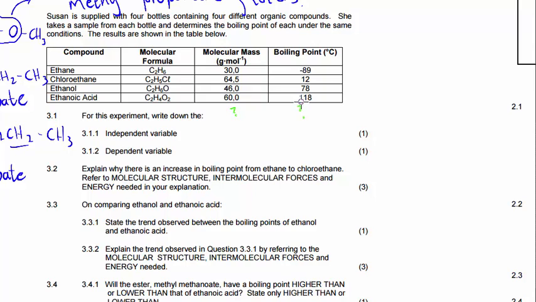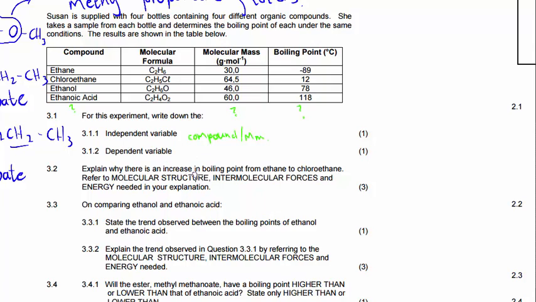I don't think that's necessarily what she's comparing. I think she's simply comparing the compound with the boiling point. Okay? Now you can't make something boil at a different temperature. So I would say the independent variable is then either molecular mass or the compound. Okay, so it's not necessarily a number that you're plotting on the graph. So either that or molecular mass.